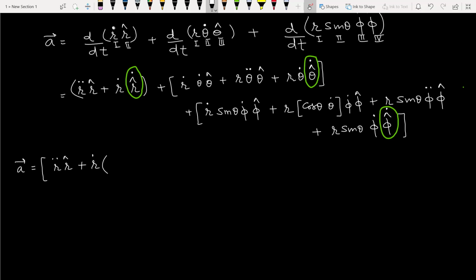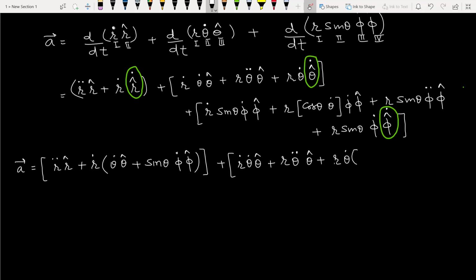r cap dot is theta dot theta cap, sin theta phi dot phi cap, plus r dot theta cap, r theta double dot, phi cap, theta cap, sorry, r theta dot.